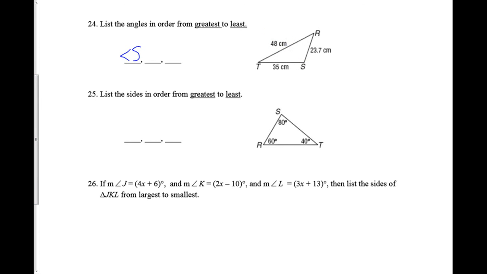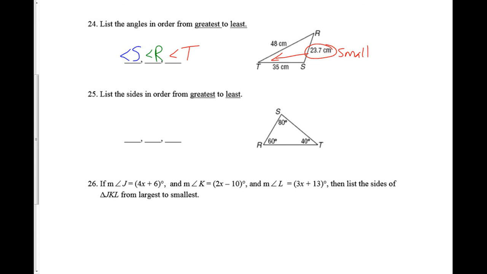The middle side is going to be 35. Across from that will be the middle angle, which is angle R. Finally, I need to find the smallest side. The smallest side is the 23.7, and across from the smallest side will be the smallest angle, and that's angle T.